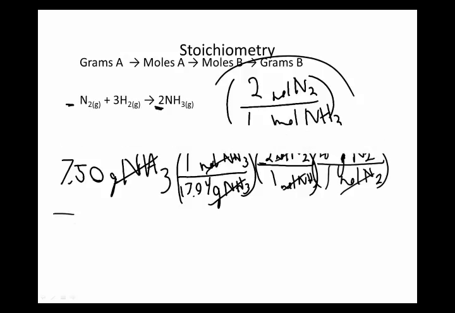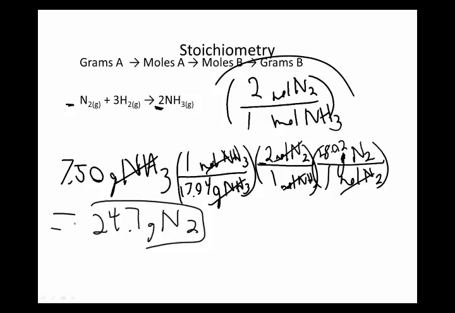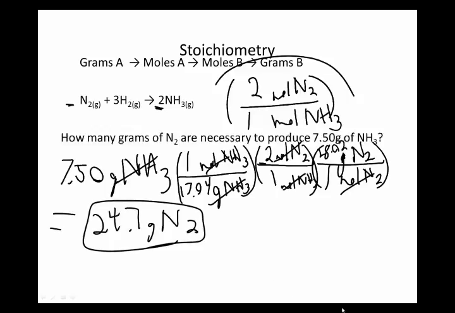So now all I do is just take 7.5 divided by 17.04 times 2 times 28.02. And so now I've got 24.7 grams N2, because we have to keep the 3 significant figures because of the number we started with. So there we go. Okay, so moving on.